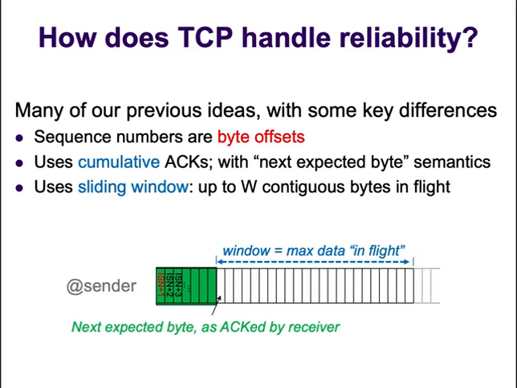Then you'll have a window that says, depending on your W, the value of your window, the next W bytes, any of those bytes you can transmit. That's the maximum number of bytes you can have in flight. So the sender can go ahead and send those. It can't reclaim this buffer space because it hasn't received an acknowledgement yet. So this is the buffer space needed at the sender.